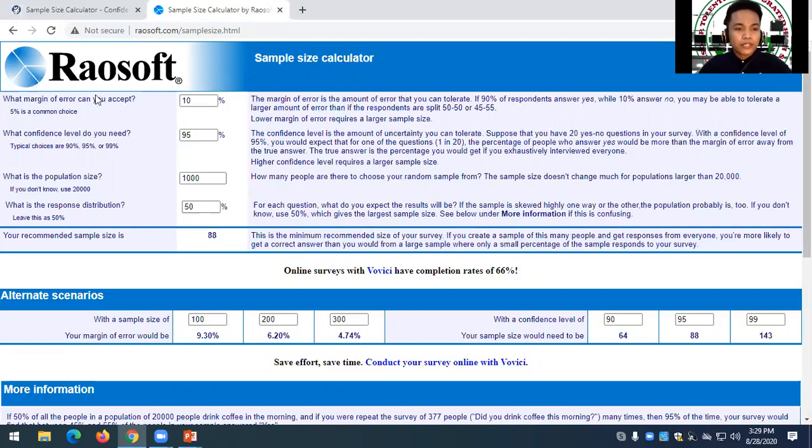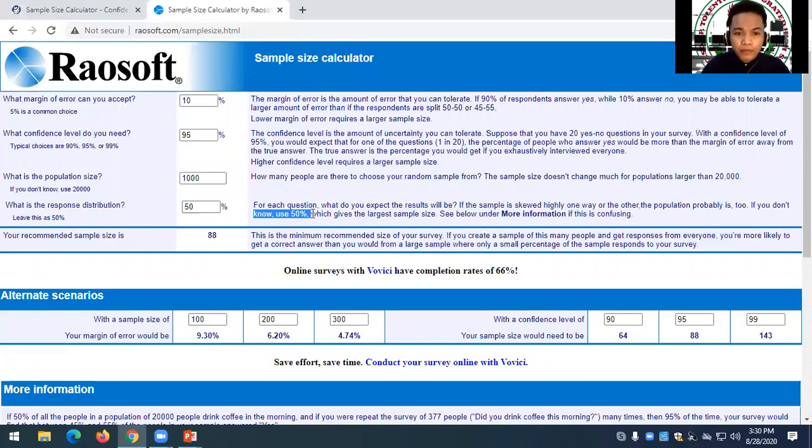And then, itong isa, yung response distribution, sabi dito, for each question, what do you expect the results to be? If the sample is skewed highly one way or the other, the population probably is too. If you don't know, use 50%.